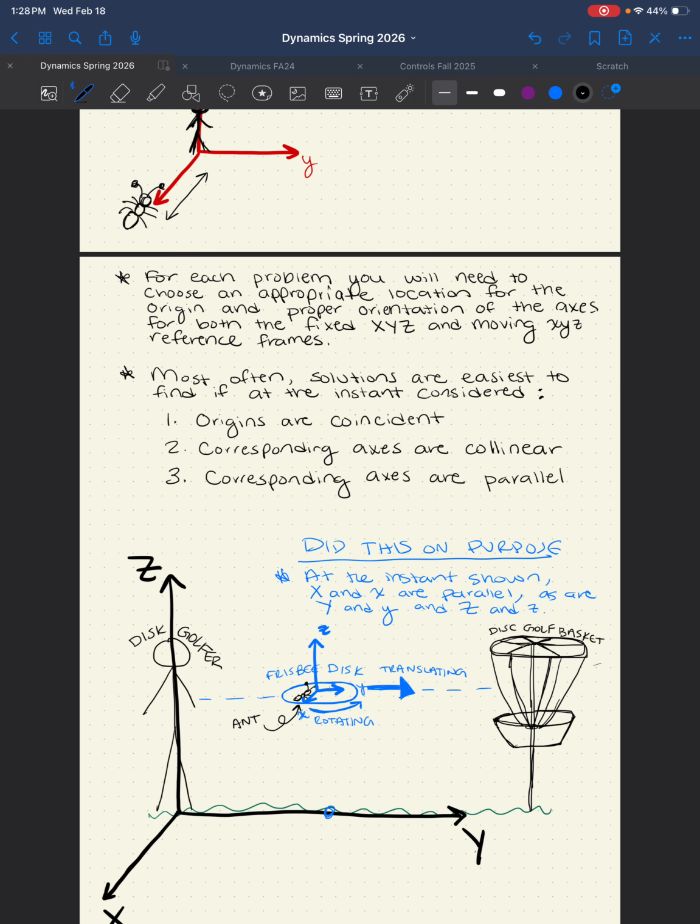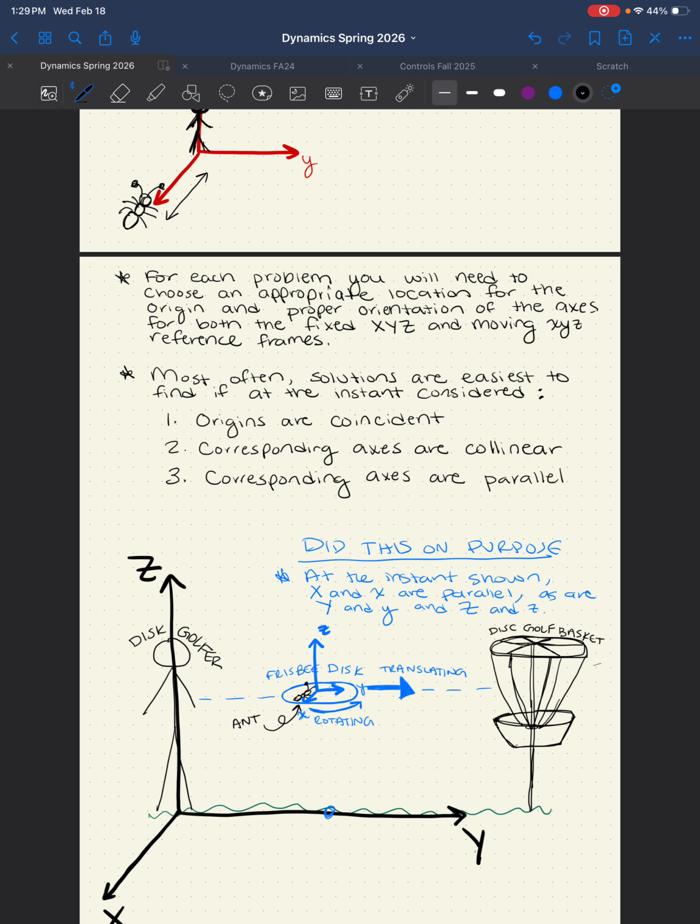The hack is that more often than not, the math of these problems is going to be easiest for you if you make very careful choices about where to place these reference frames. Okay, so at the instant considered, which more often than not is what these problems are asking for, they're asking you to analyze the movement at the instant shown.